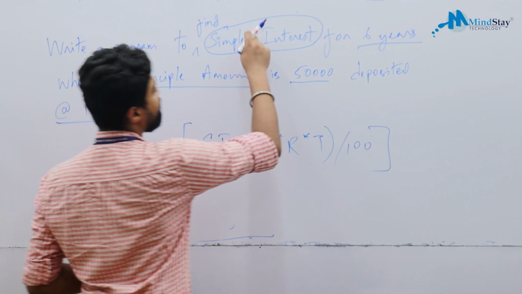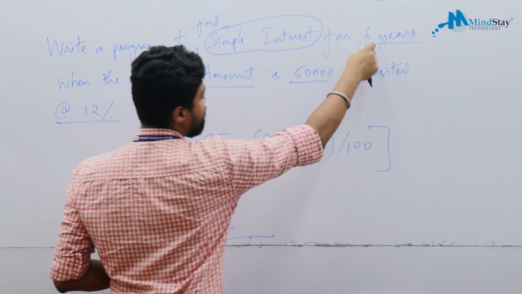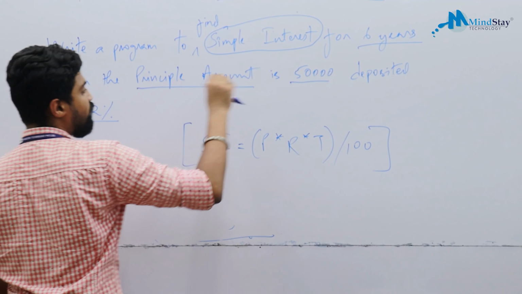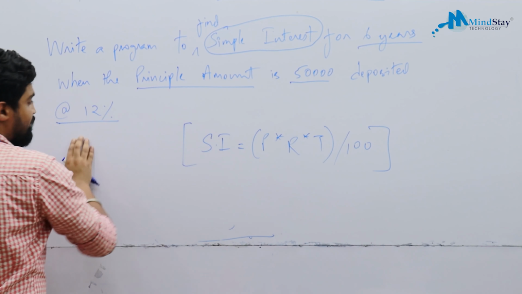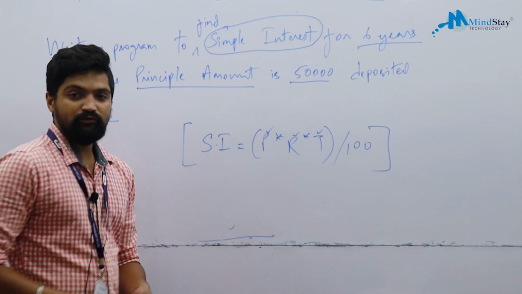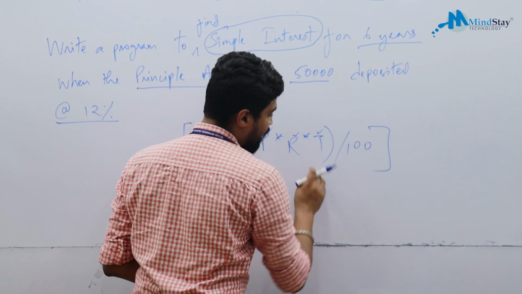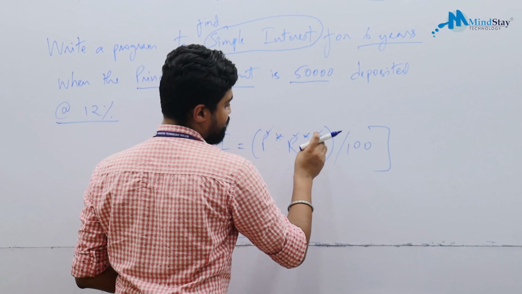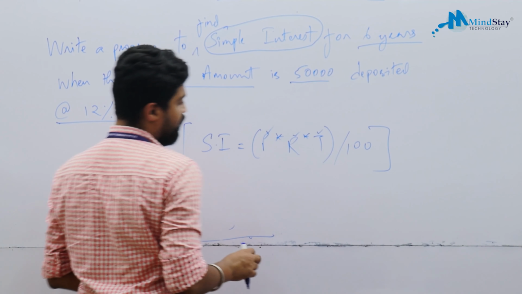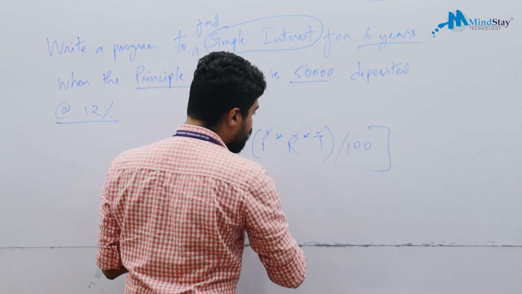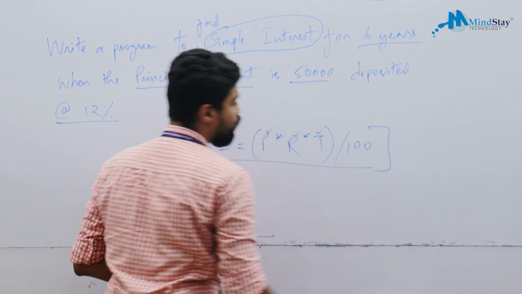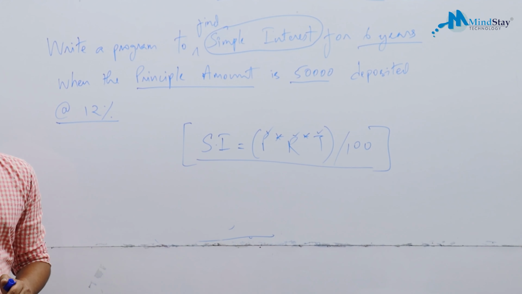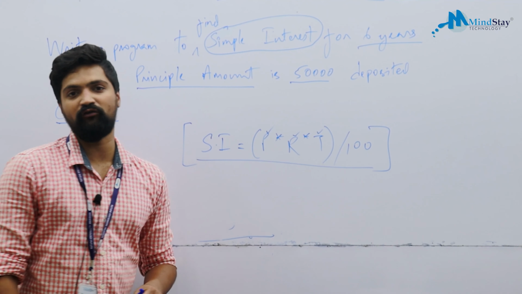We need to find the simple interest when time is 6 years, principal amount is 50,000 and it is deposited at the rate of 12%. So we have P, we have R, we have T: principal, rate of interest and time. Using this formula we can solve our problem.